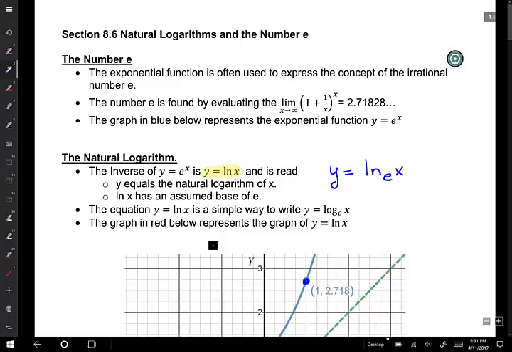But because you have that natural ln function, you don't need the e, and we say natural log of x is assumed to be log base e of x. It's a very simple shortcut to write log base e. Instead we write the natural log.